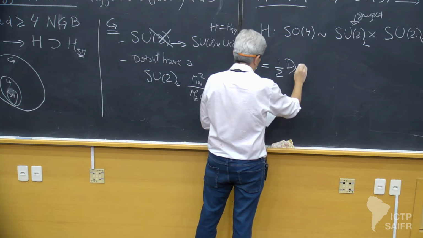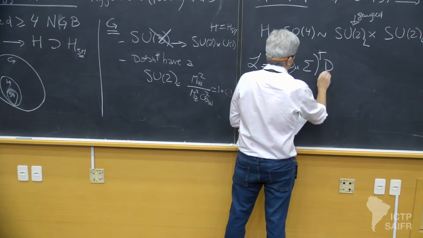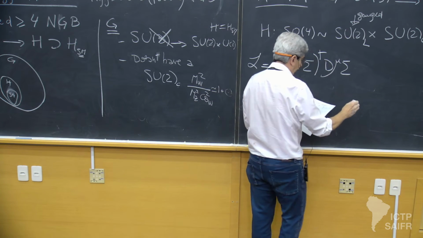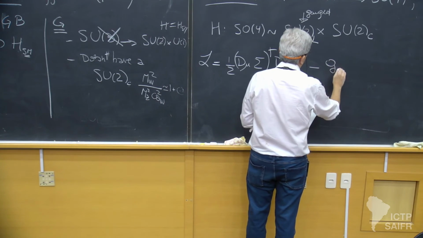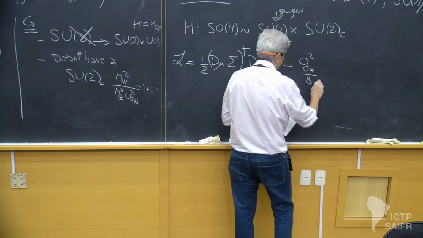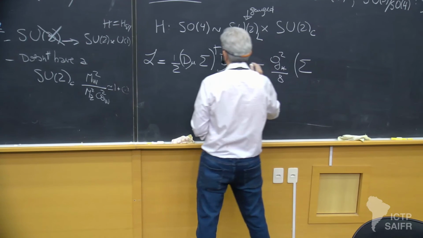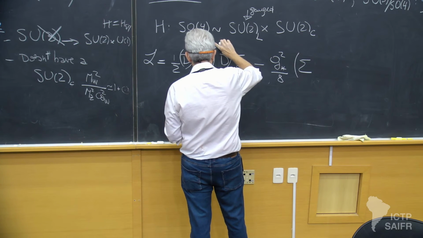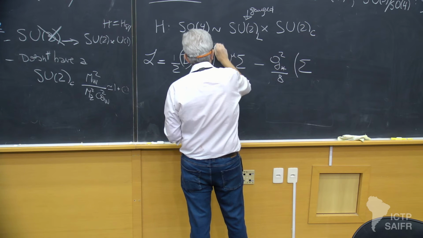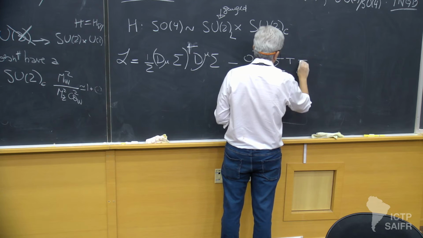Let's say the D mu sigma dagger D mu sigma is our friend, minus some coupling that I'm going to call g star squared divided by 8. Now I have to do the dagger. Here, I don't need the dagger, it's just transpose, I'm sorry.